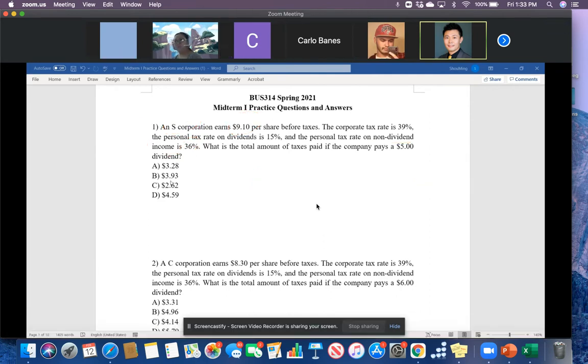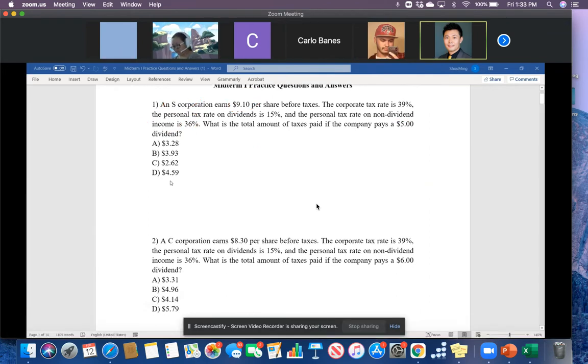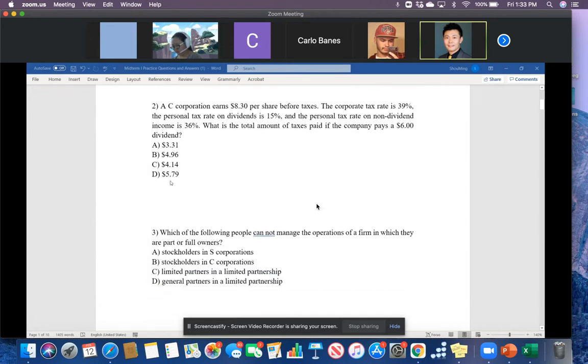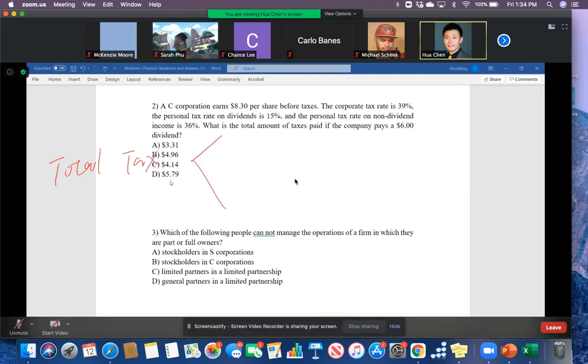In question two, you need to calculate the tax payment for C corporation. So for the C corporation, you need to pay tax twice. The first time is at the firm level.